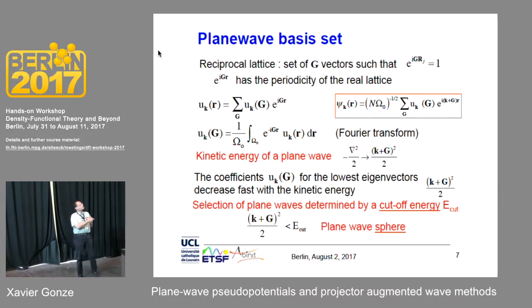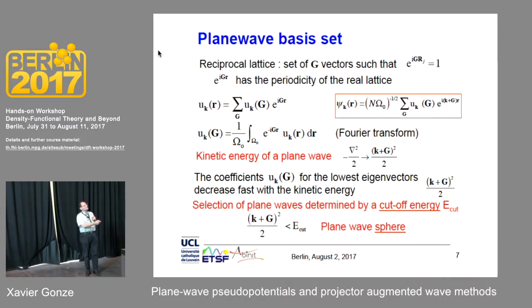And actually the coefficients u_{k,G} for the lowest eigenvectors, the ones in the valence states or the lowest conduction bands, decay fast with the kinetic energy. So naturally we will select a finite set of plane waves by imposing a cutoff energy, E cut. We will select only those plane waves that satisfy this inequality.